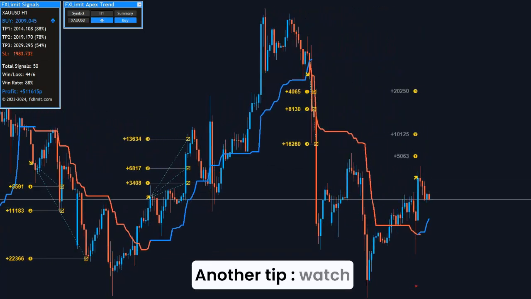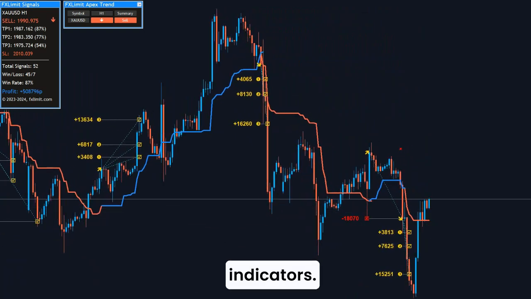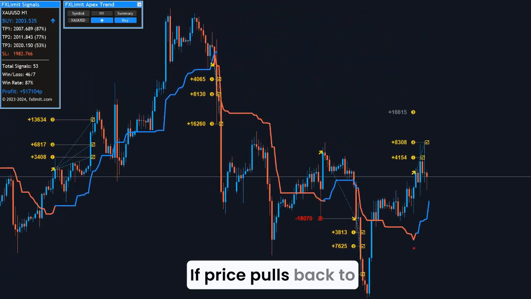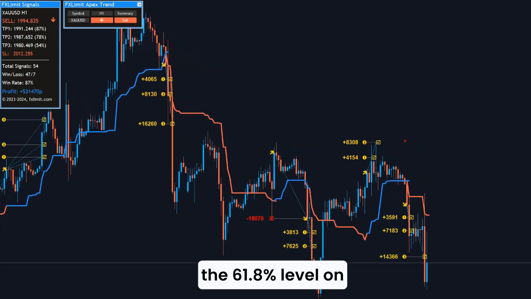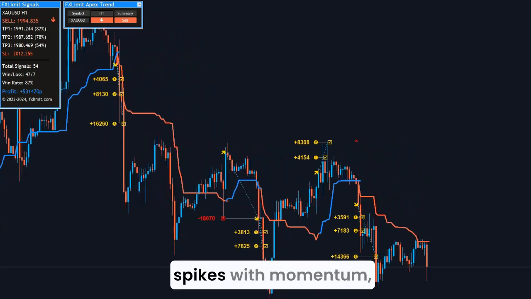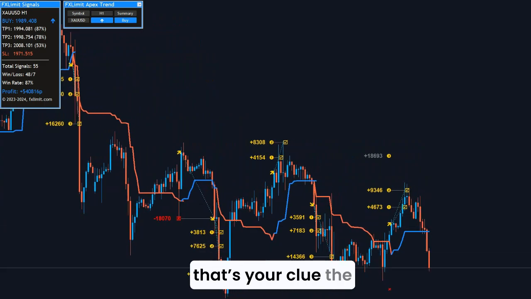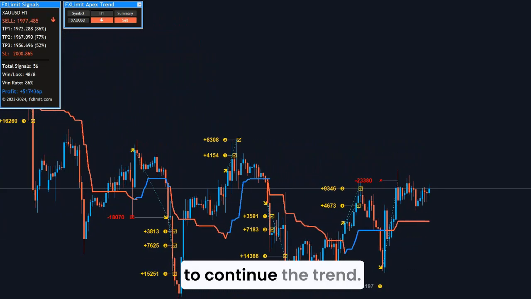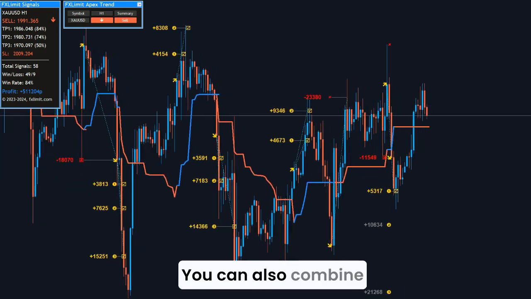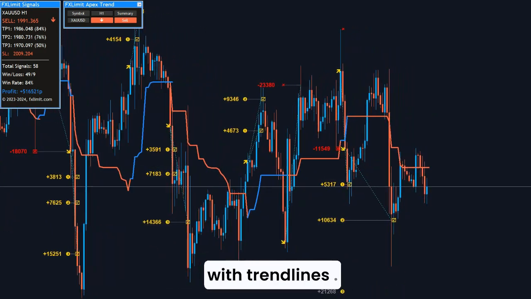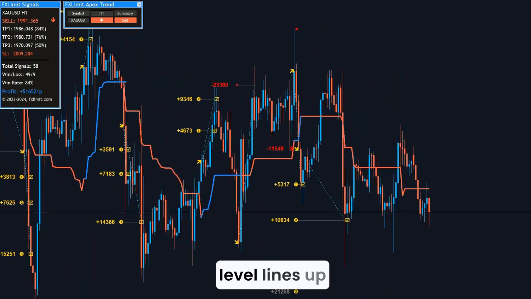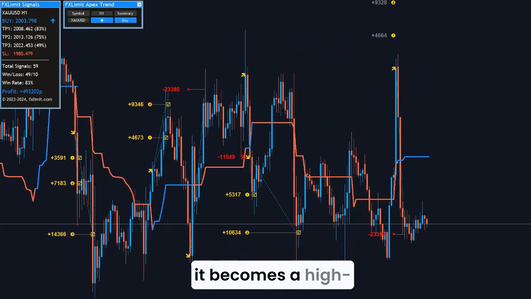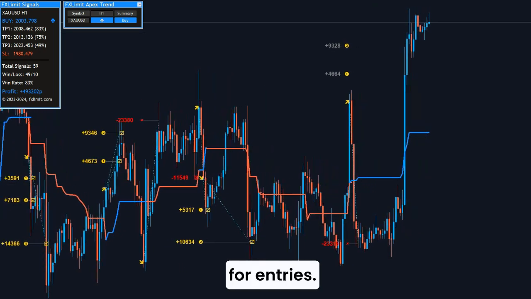Another tip, watch volume or volatility indicators. If price pulls back to the 61.8% level on low volume and then spikes with momentum, that's your clue the market might be ready to continue the trend. You can also combine Fibonacci levels with trend lines. When a retracement level lines up with a trend line, it becomes a high probability area for entries.